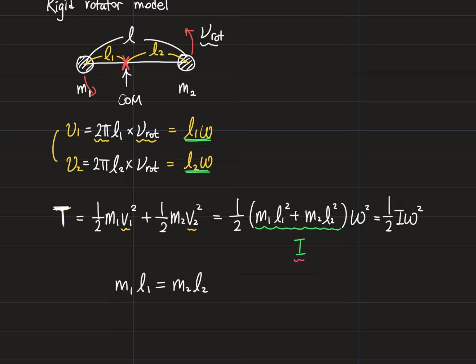This is the definition of the center of mass. When we introduce this relation into the moment of inertia, we can simplify the moment of inertia to the reduced mass multiplied by L squared.